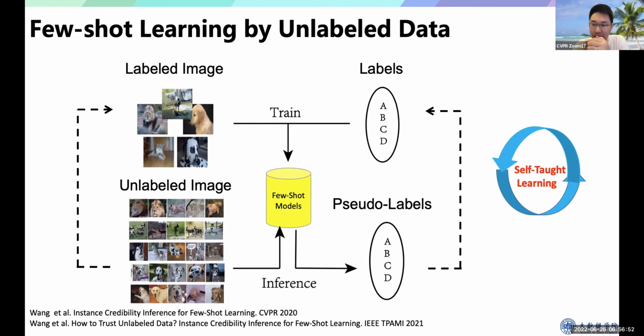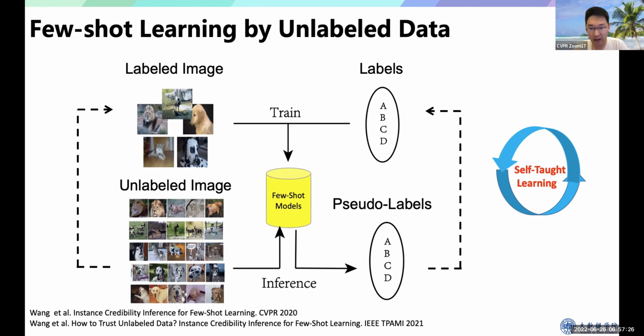In self-taught learning, we first train the few-shot model with labeled image-label pairs, and then we infer pseudo labels for unlabeled data. We can further boost the few-shot model with these pseudo-labeled images. Here, the core problem is how to ensure the training with pseudo-labeled images is trustworthy, so that the retraining will not damage the performance of the original few-shot learning model.